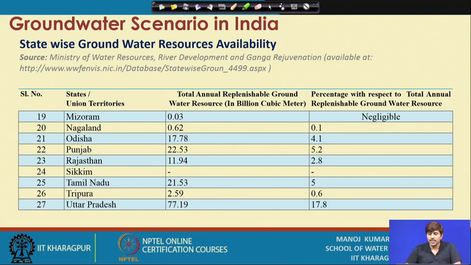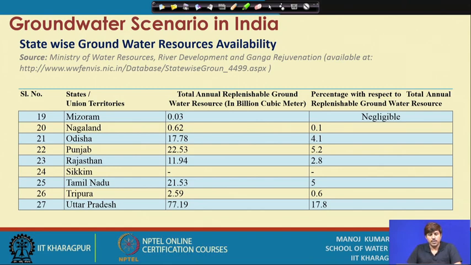So, you can see the level of crisis: they do not have large rivers flowing, so there are not large sources of surface water. There are quite a few lakes in different cities and towns, but there is no major river that contributes significant discharge into the state, and the groundwater resource situation is also alarming.